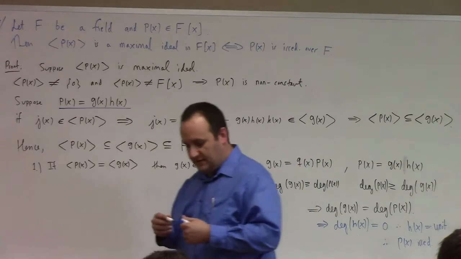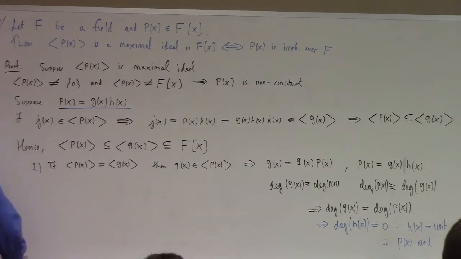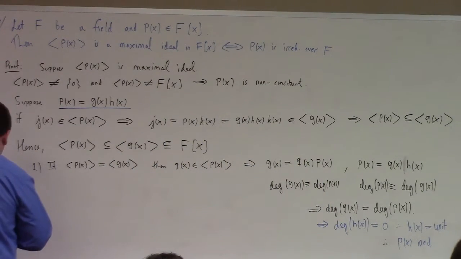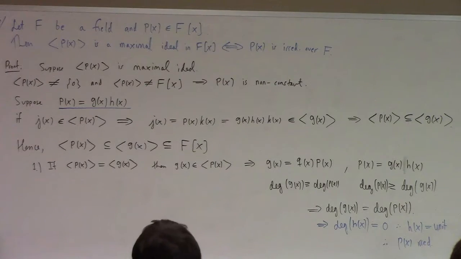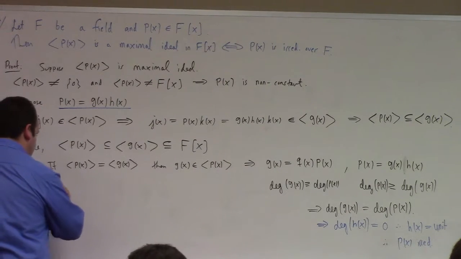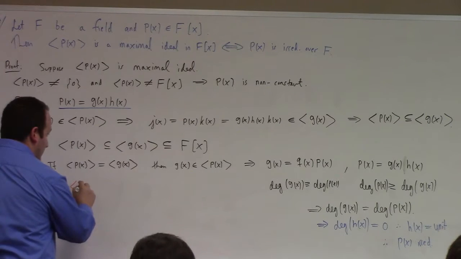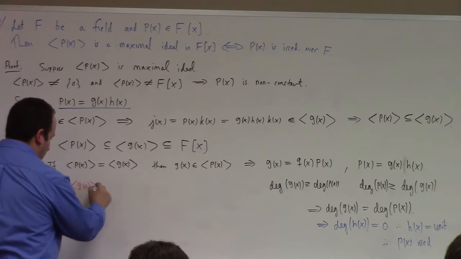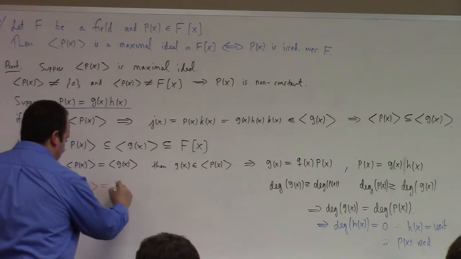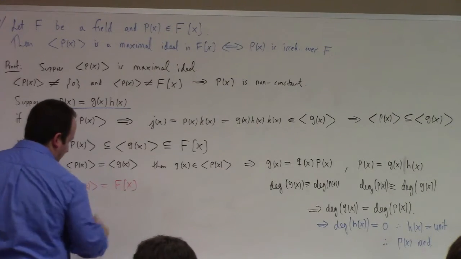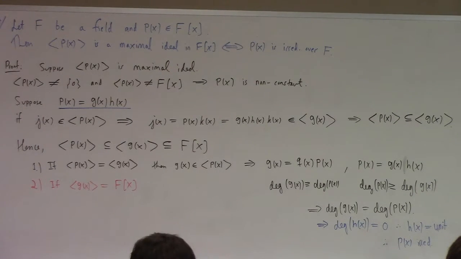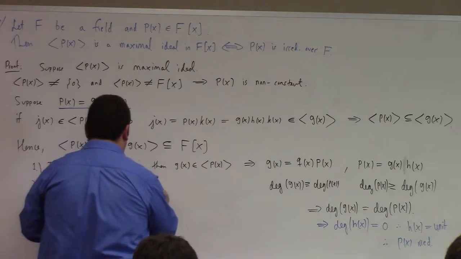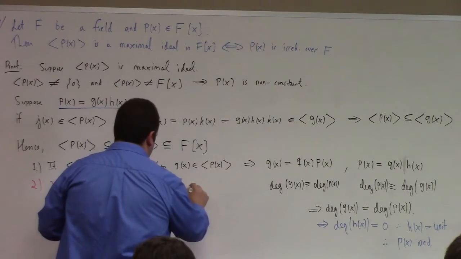That's case number 1. What's case number 2? Yeah, the case you wanted me to do to start. What did you say? Right, the whole shebang, right? And if that's the case, that implies that g(x) is equal to a unit.